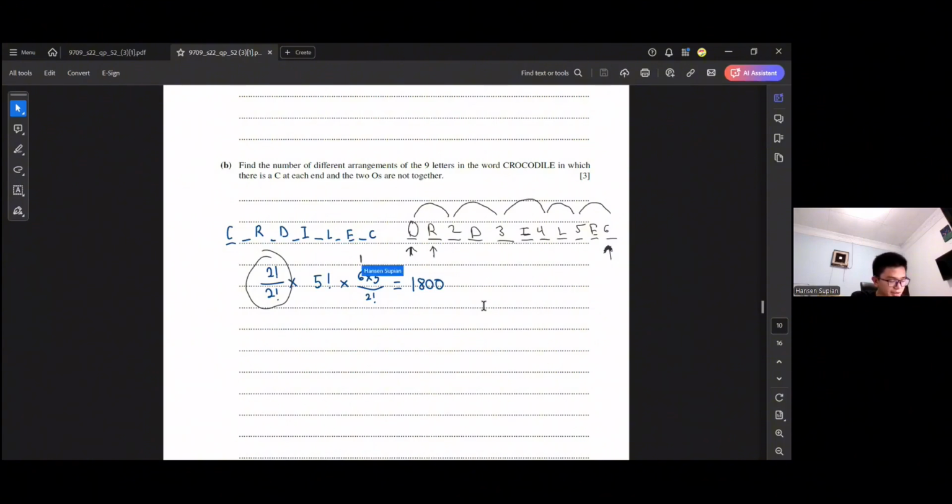That's why there's the 6 here. And then the second O only has 5 gaps left to go to. So that's why there is the 5 here. Over the 2 factorial, because the O's are still the same, we have to divide by 2 factorial also. And the 5 factorial over here is just the R, D, I, L, E, how we can change the position of it.